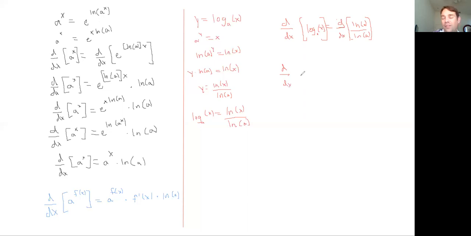So log base a of x. What I'm going to do, though, is I'm going to rewrite the derivative on the other side to be this. Let's rewrite it as 1 over the natural log of a times the natural log of x.